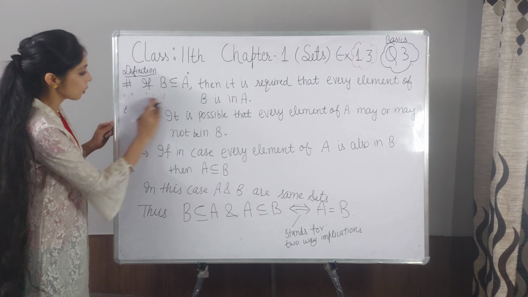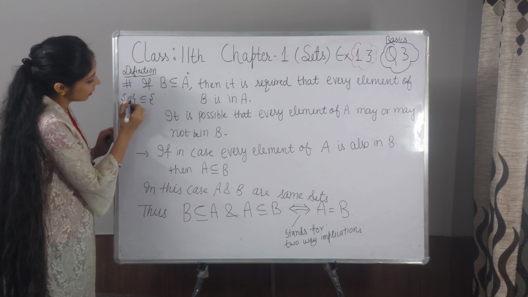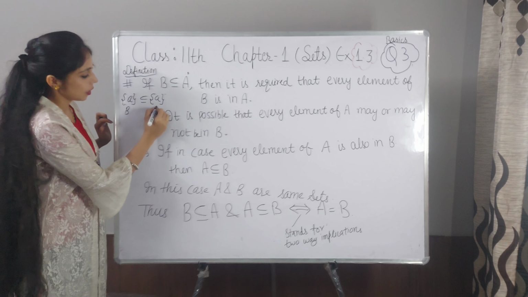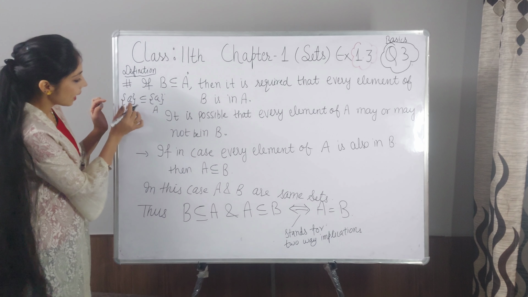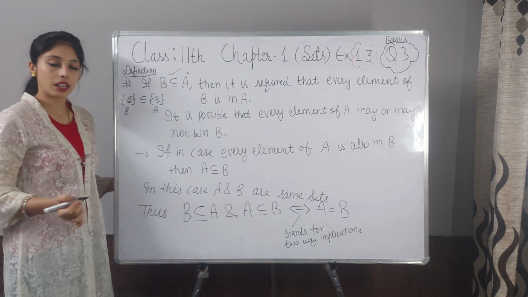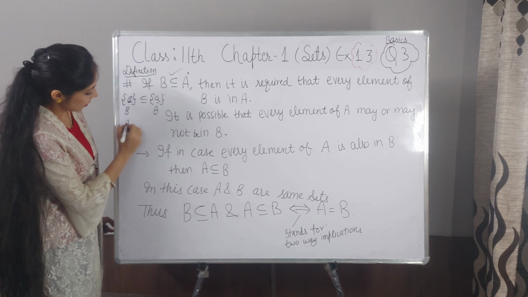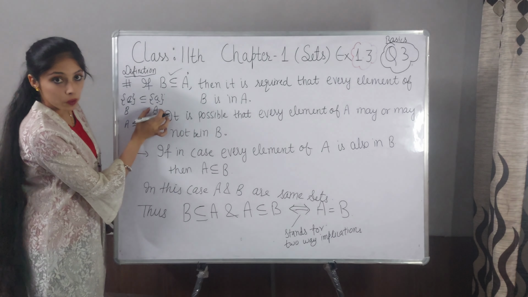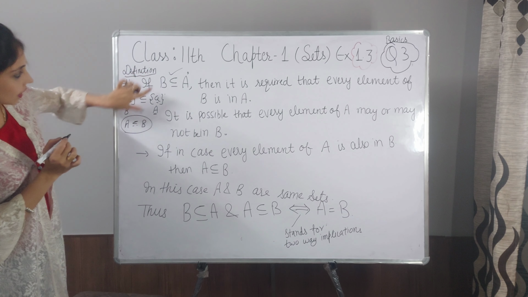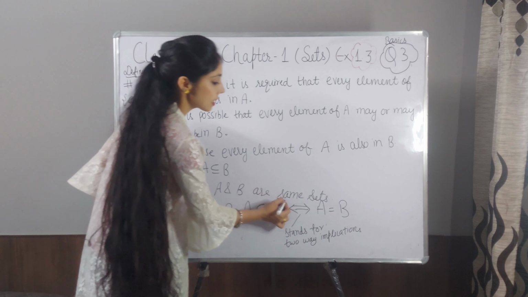If we have this type of sets, like A is contained in A. Here let's consider this is set B, this is set A. Here all the elements of set B are in set A, so B is contained in A. Also all the elements of set A are elements of set B, so A is contained in B. If both the conditions are satisfied, in this case A and B are called the same sets.